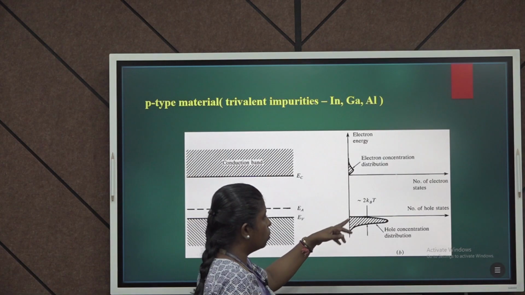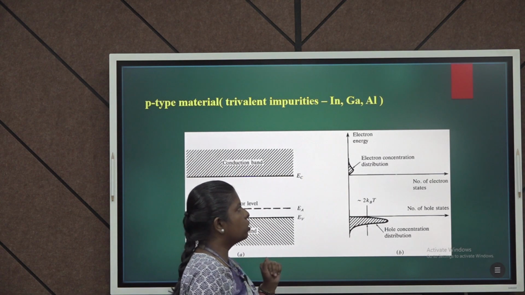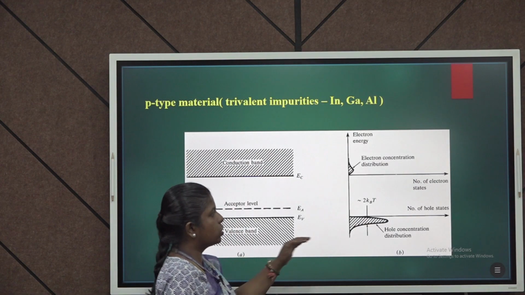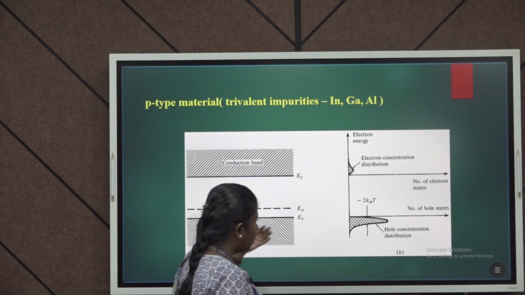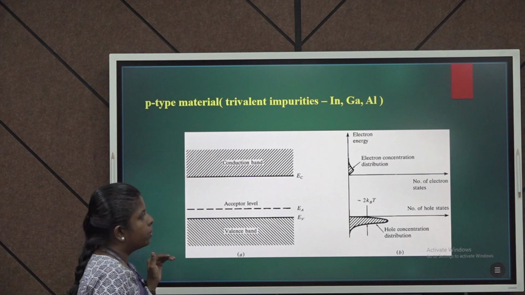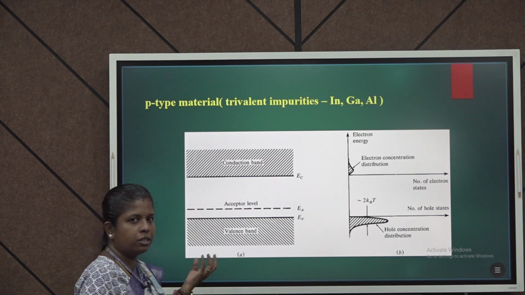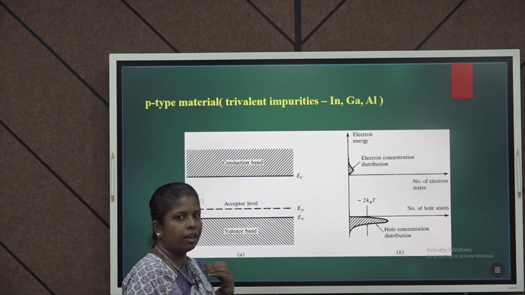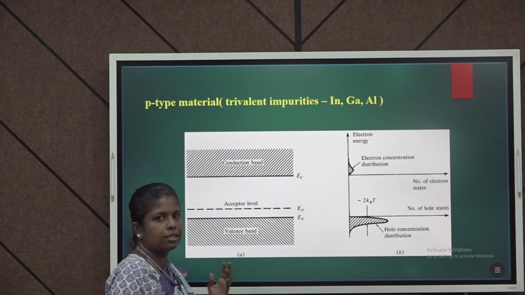Here the hole concentration is higher compared to the electron concentration, so the charge carriers have a higher tendency to move from the valence band to the conduction band. Based on this, p-type and n-type materials are chosen for higher mobility, and the recombination process is fast in these two cases.